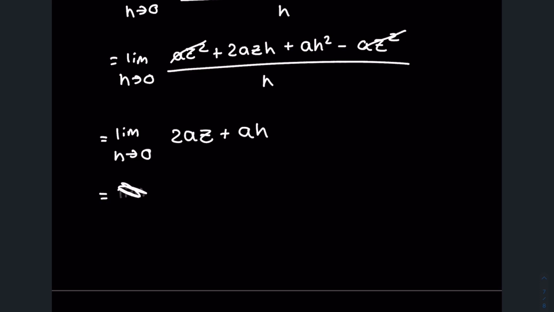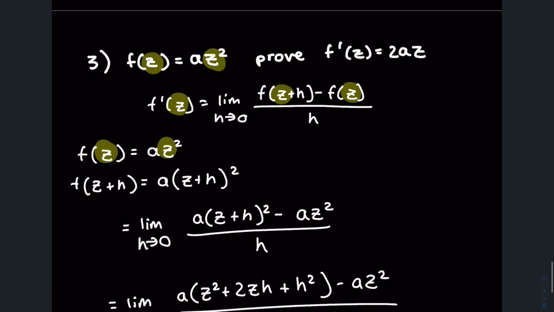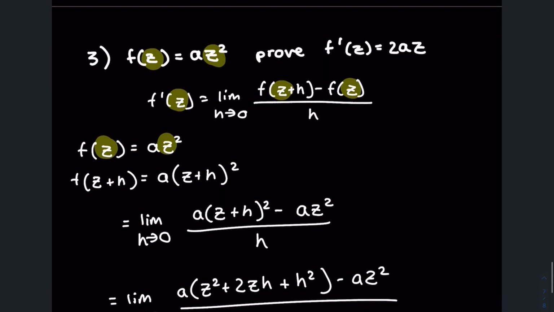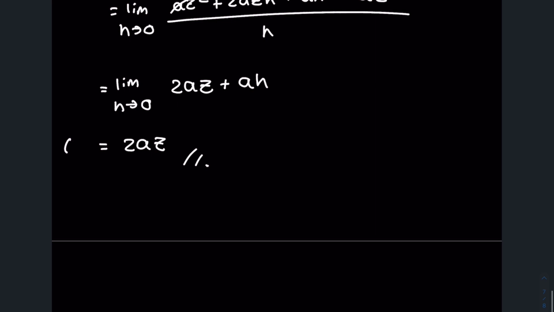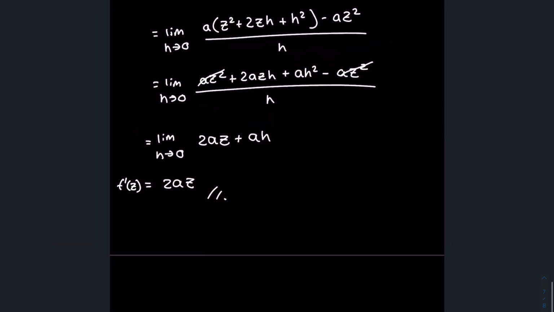So instead of writing lim, I'm so used to writing it, you just get rid of the ah, since a times 0 is just going to be 0. So you get 2az as the final answer. And that is exactly what is asked for you to write and find. So f dash of z is equal to 2az. And that's the final example done.